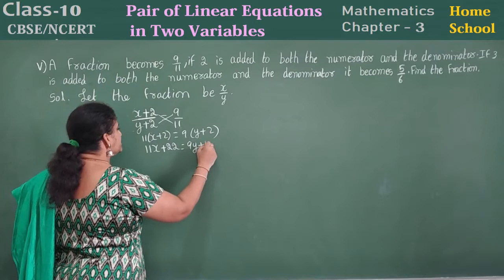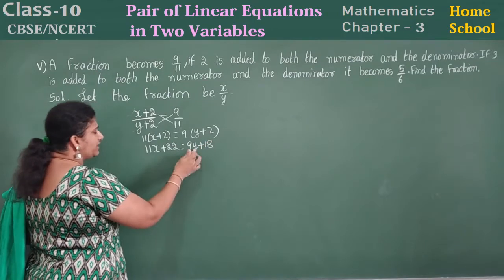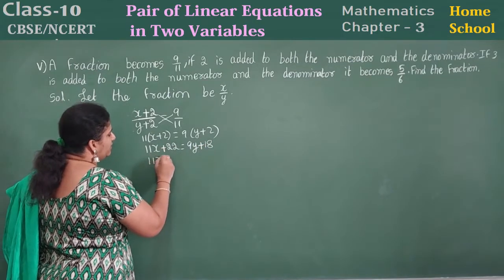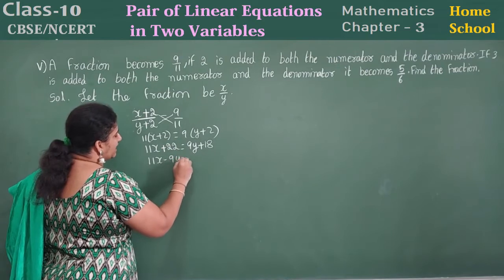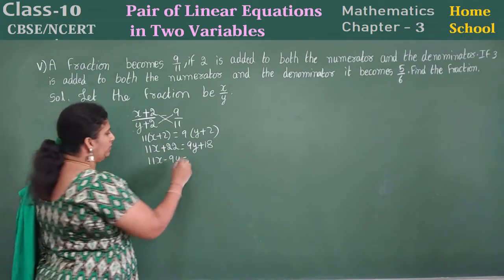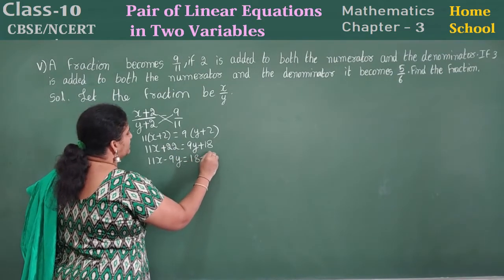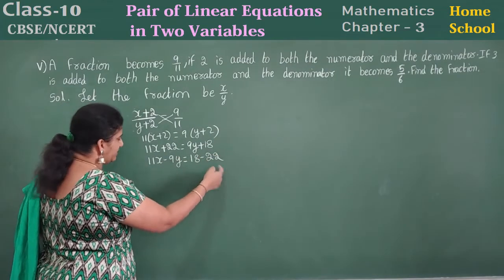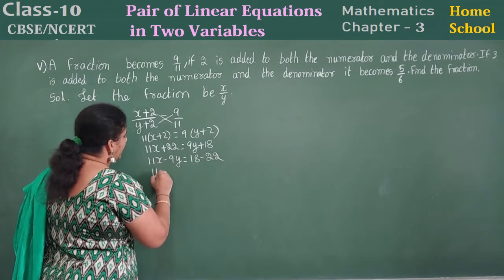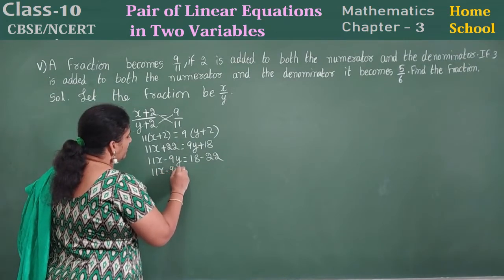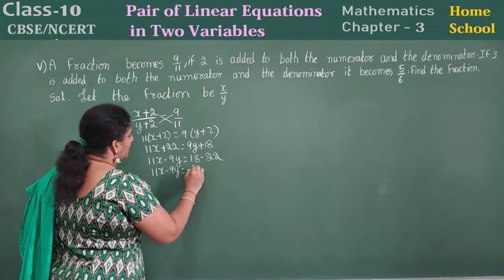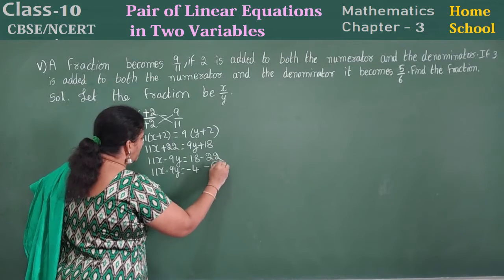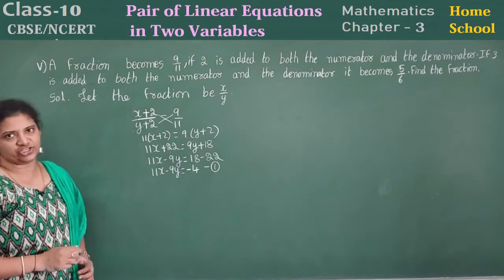Plus 9 2s are 18. Bring this 9y this side. 11x minus 9y is equal to 18 minus 22. How? Plus 22 will become minus 22. 11x minus 9y is equal to minus 4. This is your first equation.